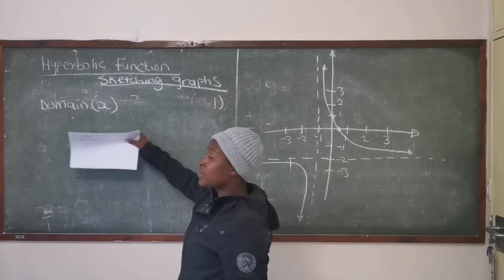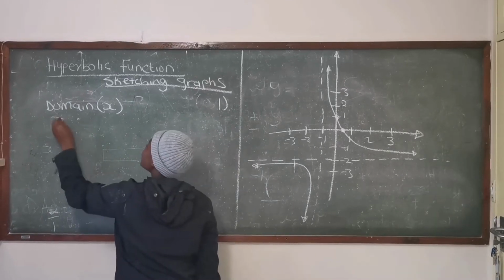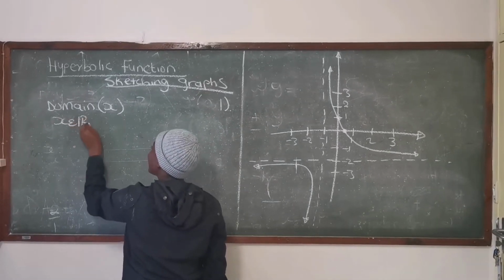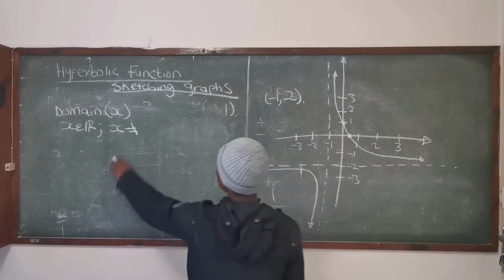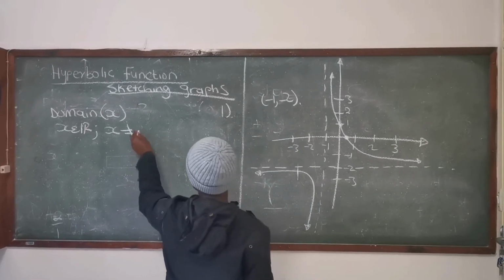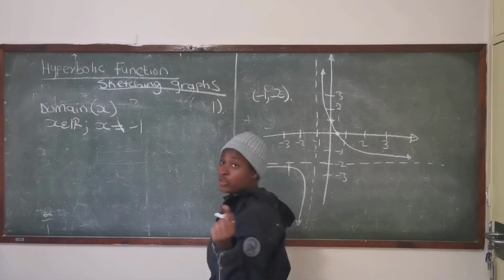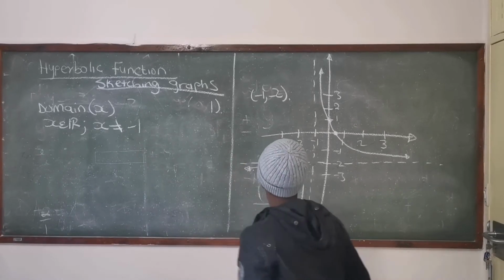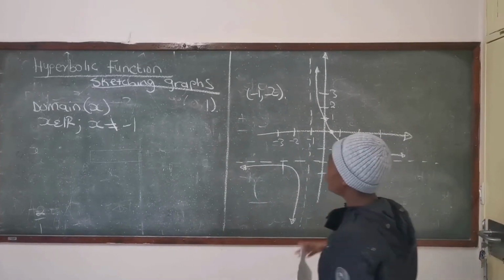We can represent our domain as x is an element of real numbers, but our x will never be equal to -1. Mind you, this -1 is our x asymptote.